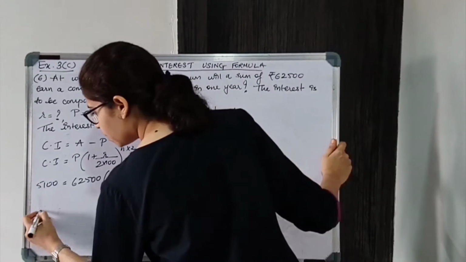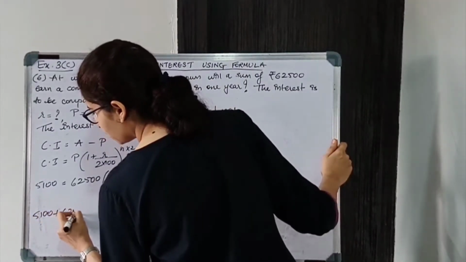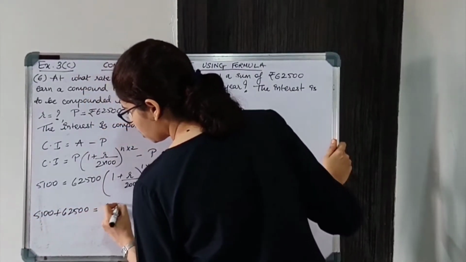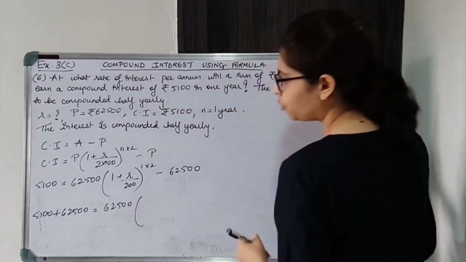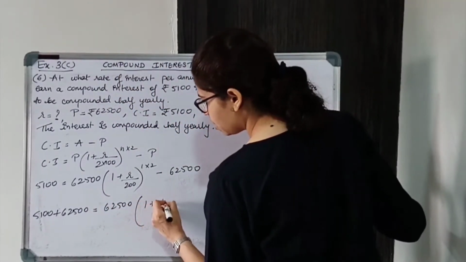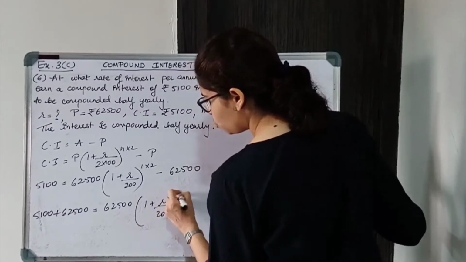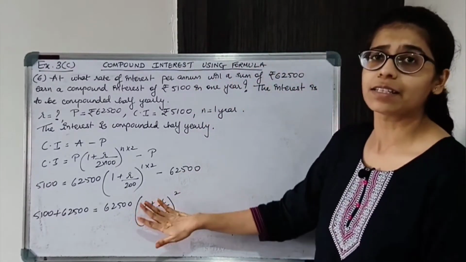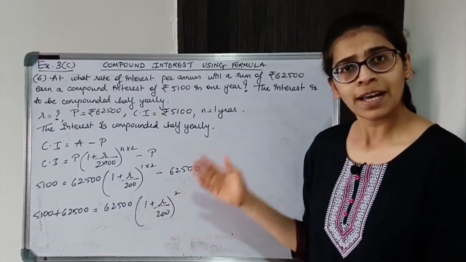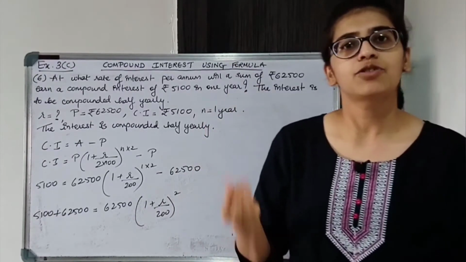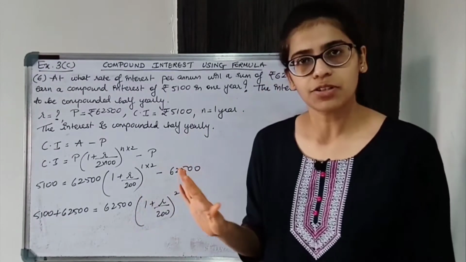Okay, so it will become 5100 plus 62500 is equal to 62500 into 1 plus R upon 200 raised to 2. Keep the bracket as it is. Don't take LCM. You can, but that will become little more complicated. So instead, it's better keep it as it is only.